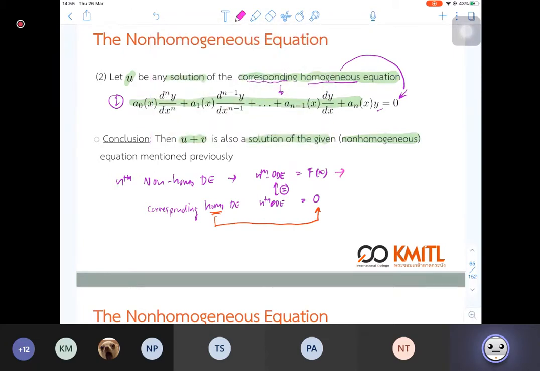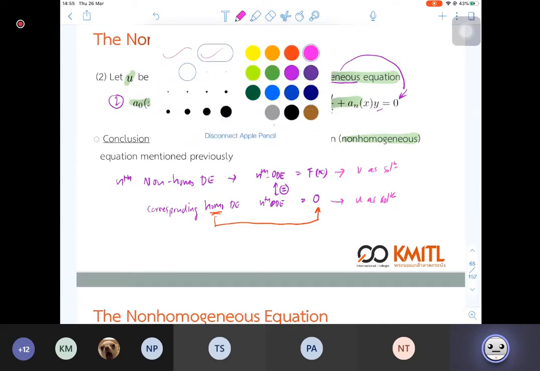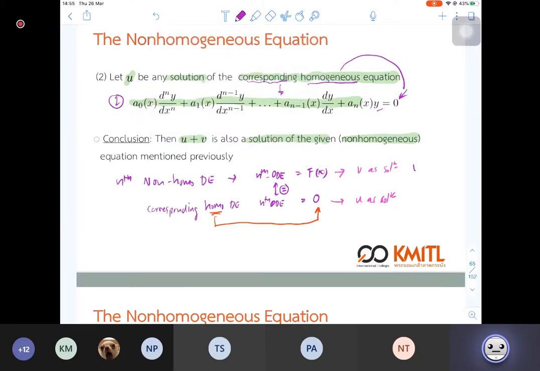And if this one has V as a solution, and this one has U as a solution, the theorem said that V plus U would also be a solution to the non-homogeneous. Okay, this is what it said.